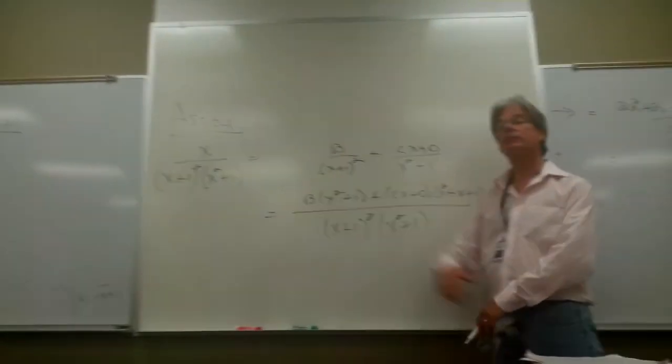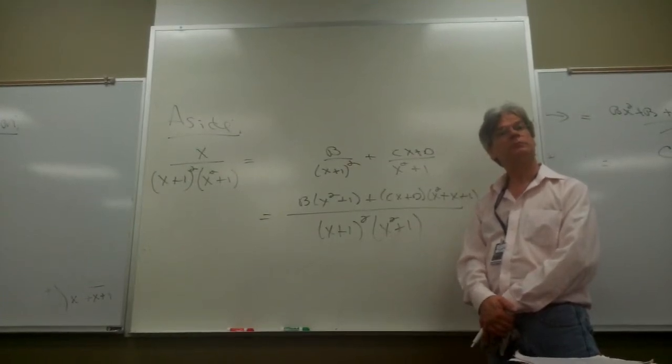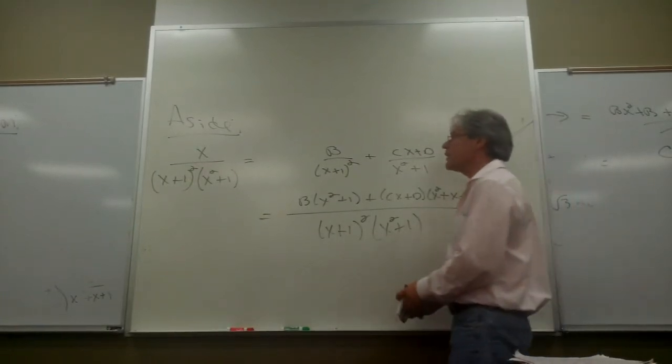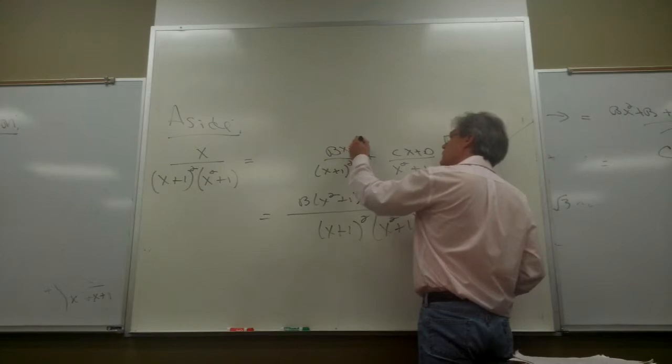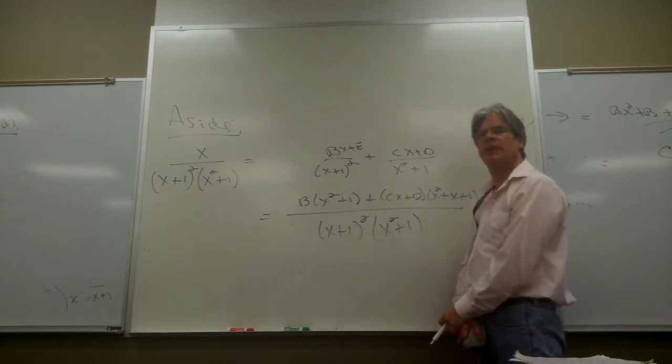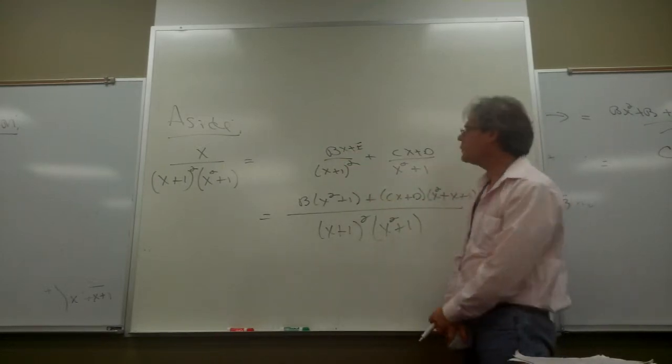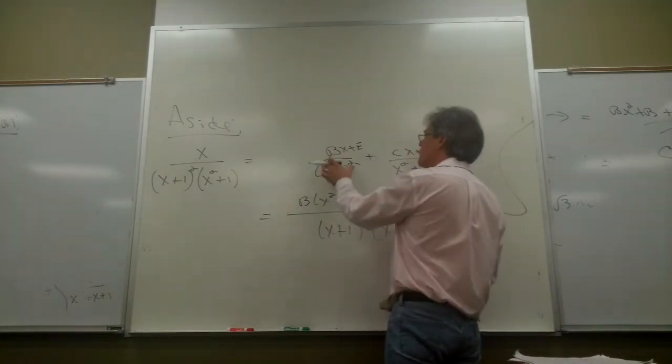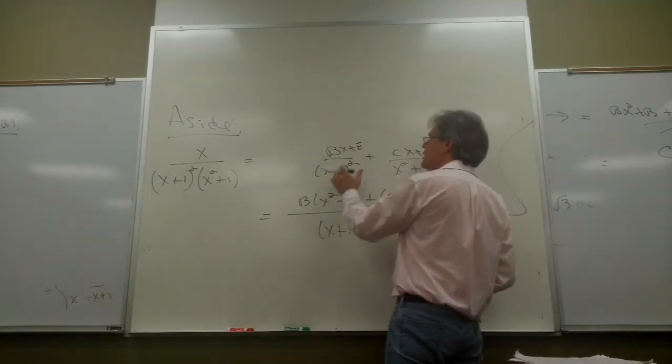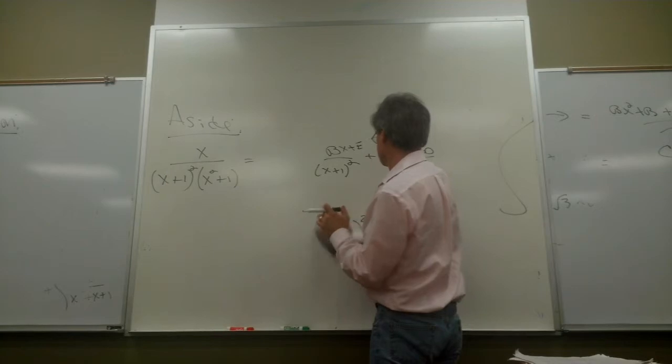Besides, watch, let me cheat. Yes or no, is that quadratic? It is. And if it's quadratic, I think I should get something like this. Can I separate those real quick? Separate them. I got a bx over this plus e over this.